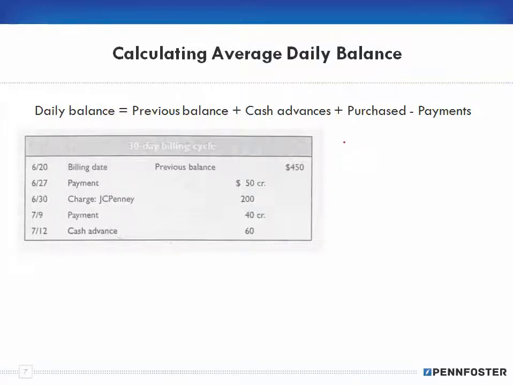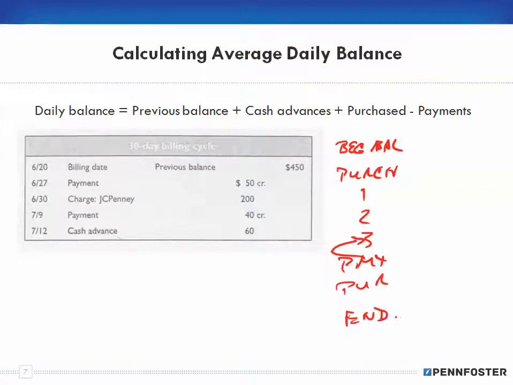If you had a beginning balance on your credit card and you make purchases, however many, maybe 3 or 4, and somewhere along the line you make a payment, and you buy some more, and then you end up with an ending balance, looking at all of that information can be quite confusing.